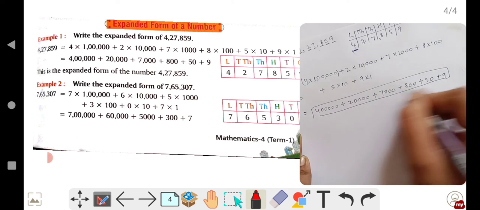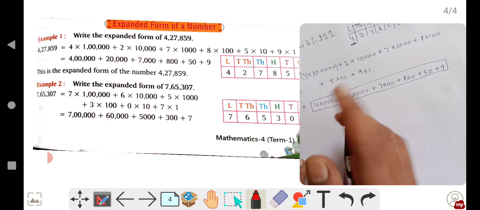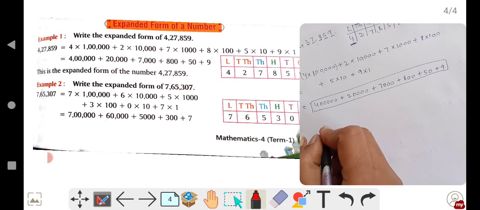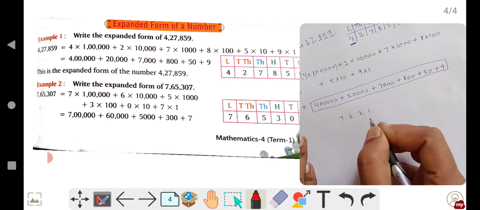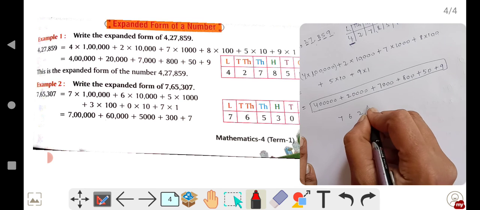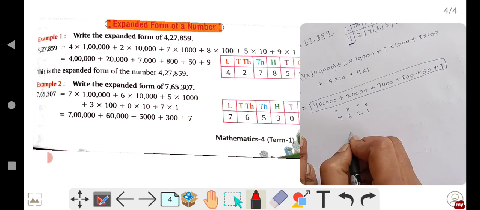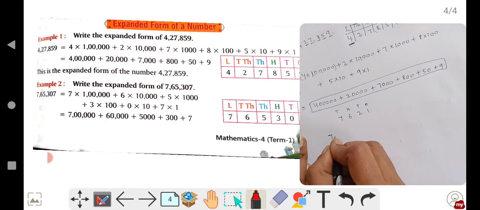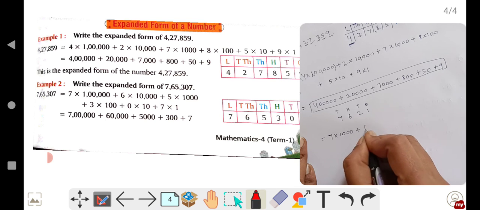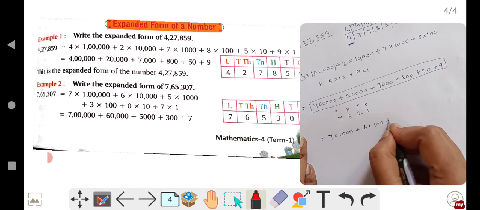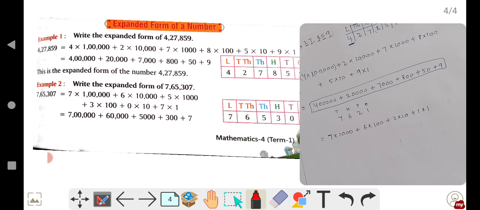This is the expanded form of this number. One more small example I will show you. 7621. So 7621 is in ones, tens, hundreds, thousands. So 7 into 1000 plus 6 into 100 plus 2 into 10 plus 1 into 1.